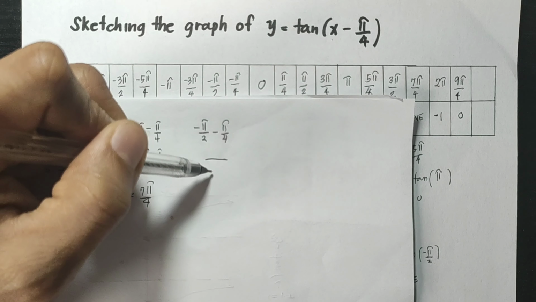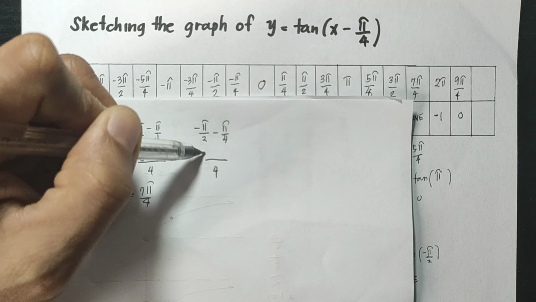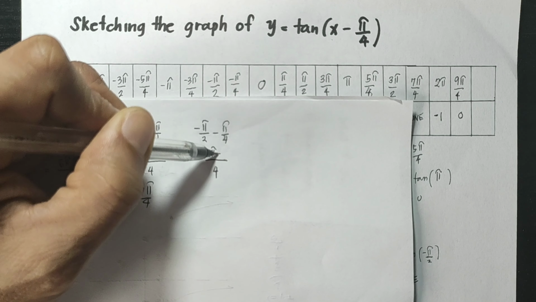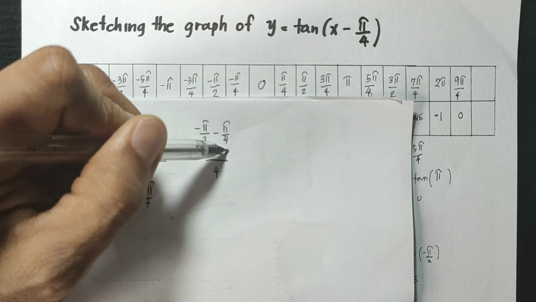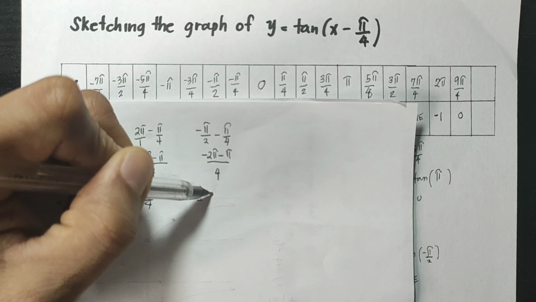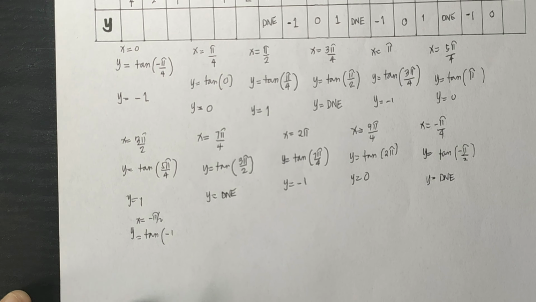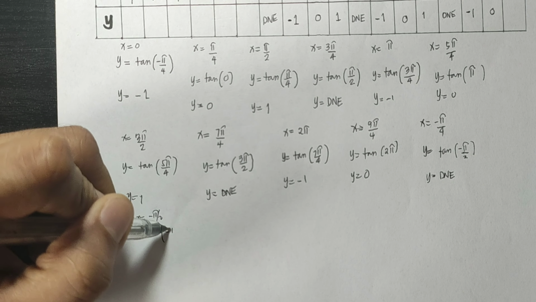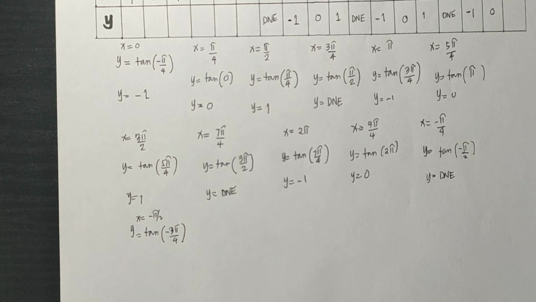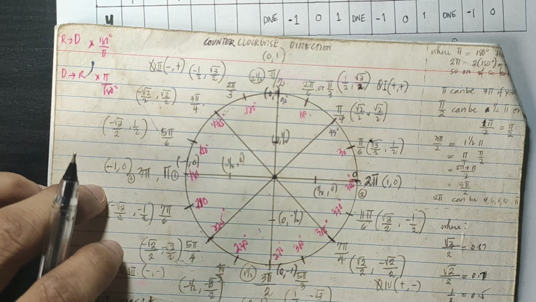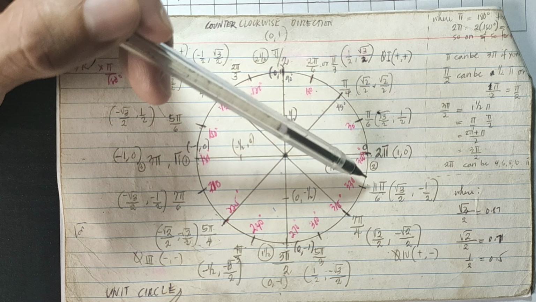The LCD is 4. 4 divided by 2 is 2 times negative pi is negative 2 pi. Minus 4 divided by 4 is 1 times pi is pi. So this will be negative 3 pi over 4. So this is the tangent of negative 3 pi over 4. Let's now find the answer using the unit circle. So negative 3 pi over 4, this is negative 1 pi over 4.